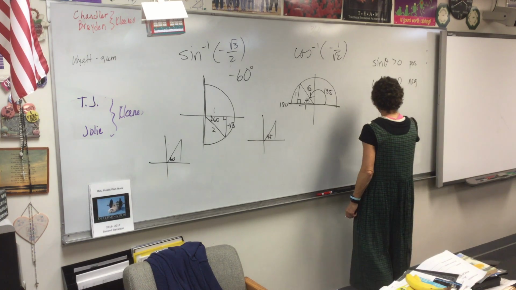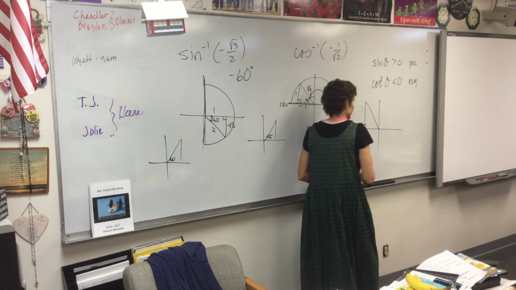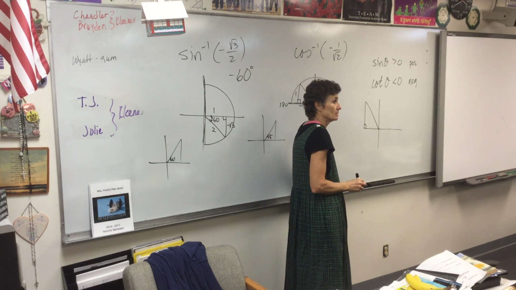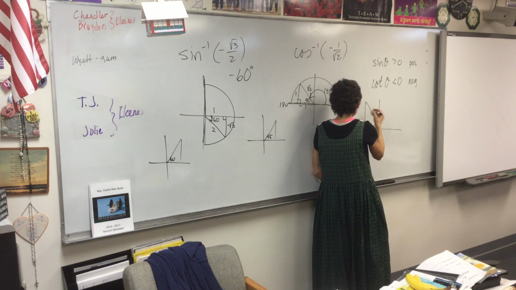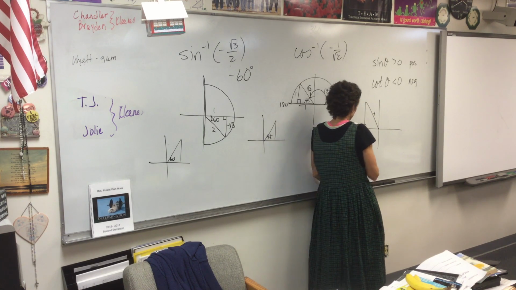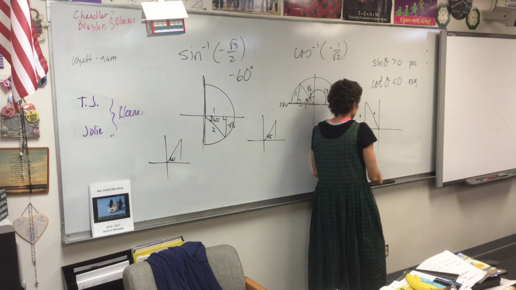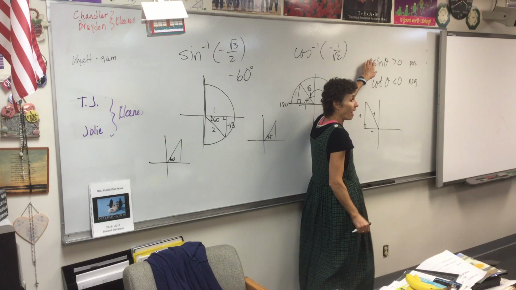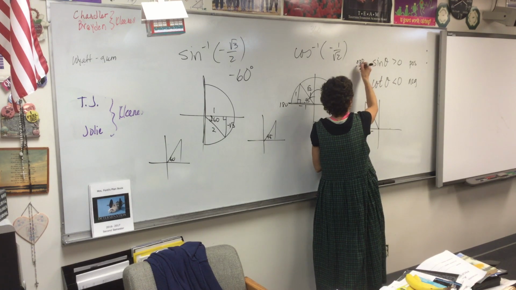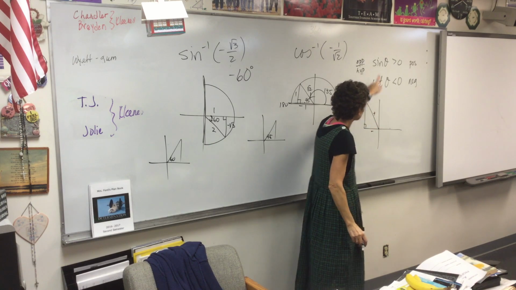All right? Let's look at quadrant 2. Now, I don't know what any numbers are, but I know this one's always positive, right? What about this one? Positive. What about this one? Okay, so if I did opposite over hypotenuse, would that be positive?